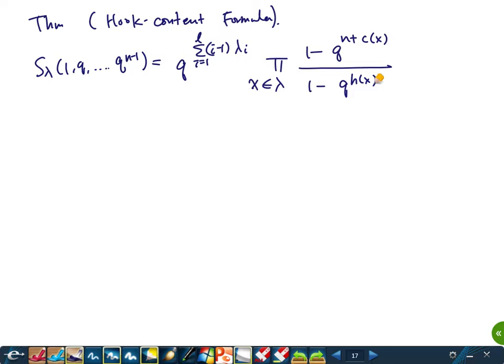I'm not going to prove this, but there is a problem related to this in the homework set. And finally, the hook length formula, a very famous formula.